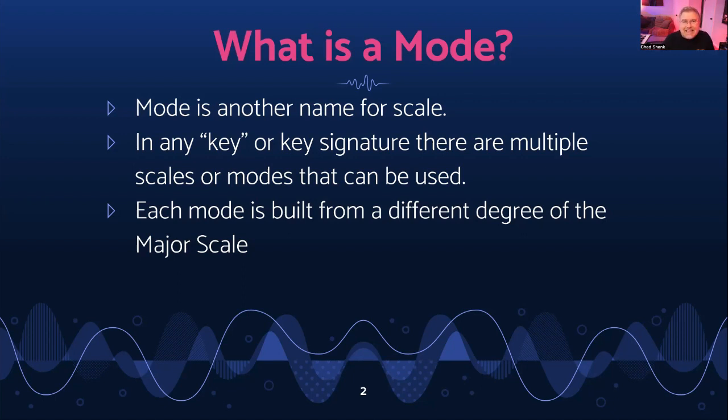In any key signature, there are multiple scales or modes that can be used. Each mode is a scale that starts on a different degree of the major scale. Let me say that again: a mode is a scale that starts on different degrees of the major scale.